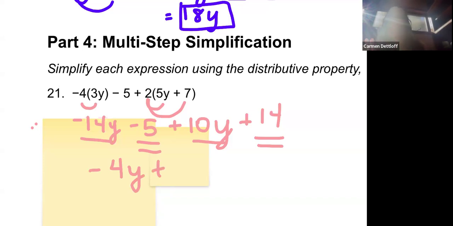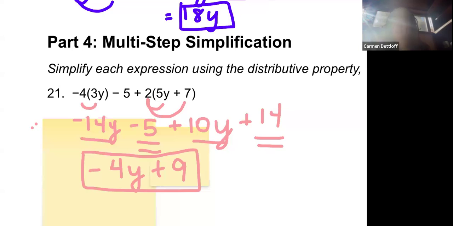Now you notice that I never solved for y. I don't have a final number. There's no equal sign in this, so I'm just simplifying as much as possible. Okay, now I want to get rid of all this so that I can do the next one. Let's see if I'm capable of that.